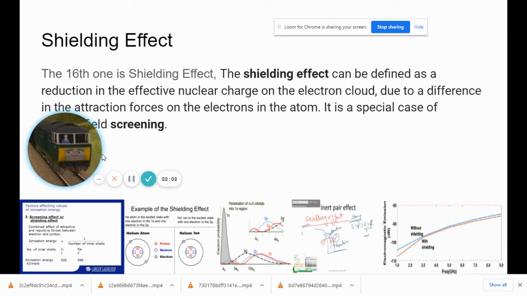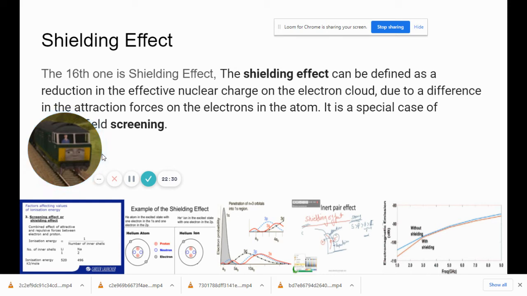Factors affecting values of ionization energy: screening effect or shielding effect, the combined effect of attractive and repulsive forces between electron and proton. 1 divided by number of inner shells. Na is 496, which actually comes from the effective attractive and repulsive forces between electron and a proton.